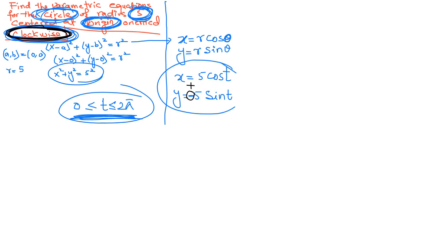Understand? This example is okay. I said this example is clockwise. If in the exam I write counterclockwise, then this will be plus and the rest of the things are the same. Why counterclockwise?